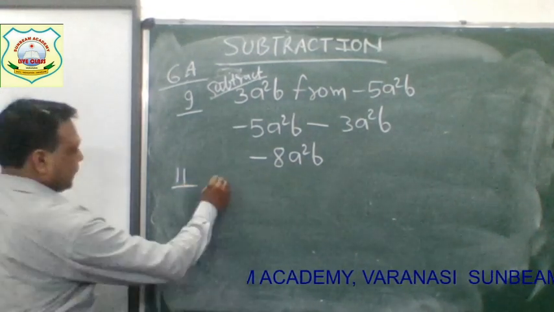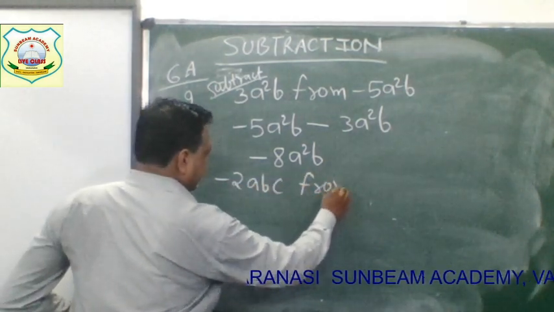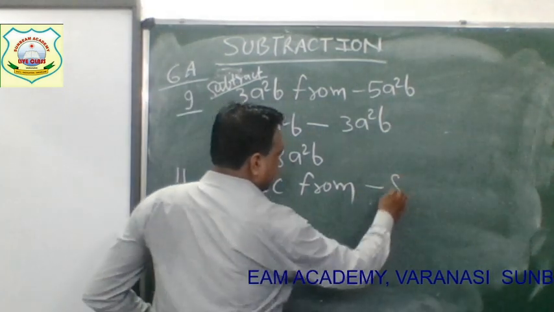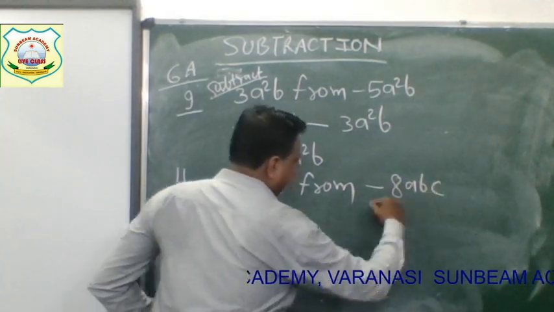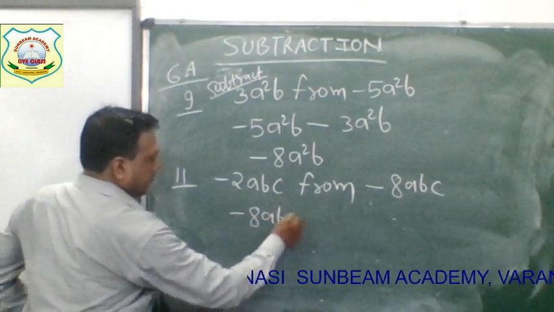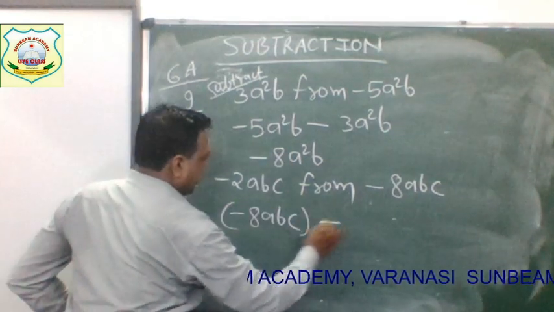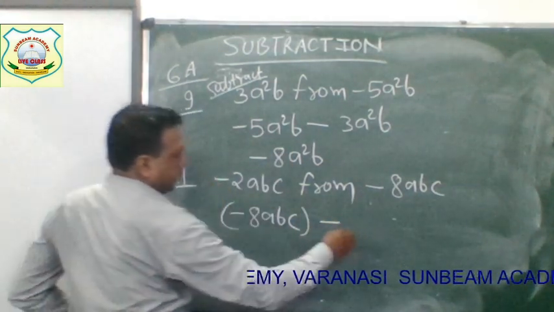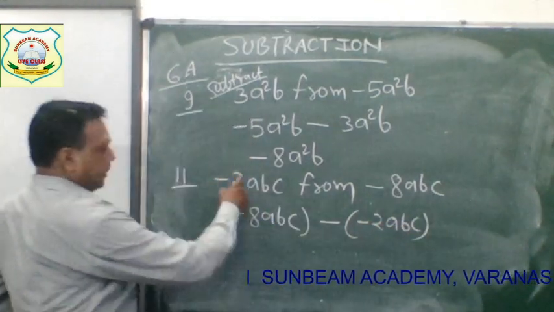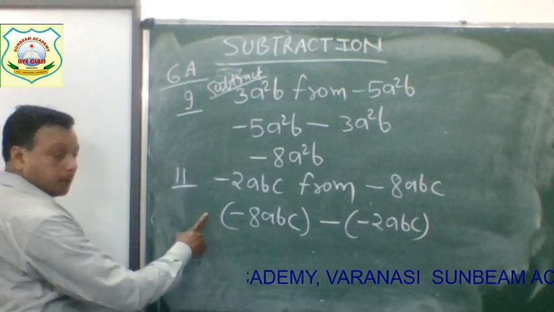Subtract minus 2abc from minus 8abc. First we write the from value, minus 8abc. What do you have to do? Subtract, so there should be a minus sign. Then this value, minus 2abc. If minus is given, you have to write it in bracket form: −8abc − (−2abc).